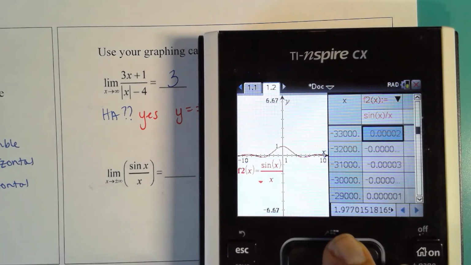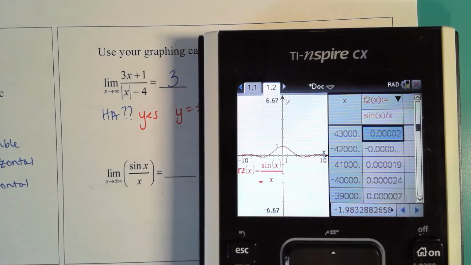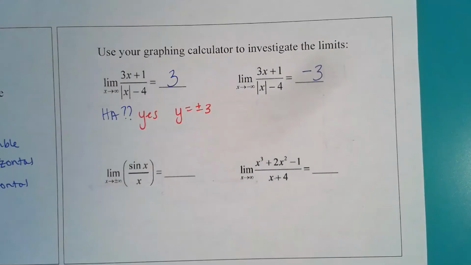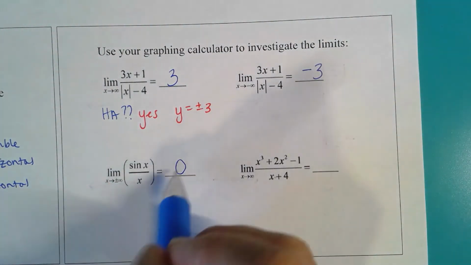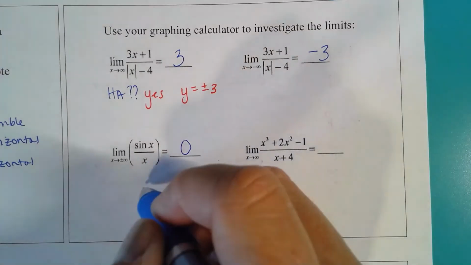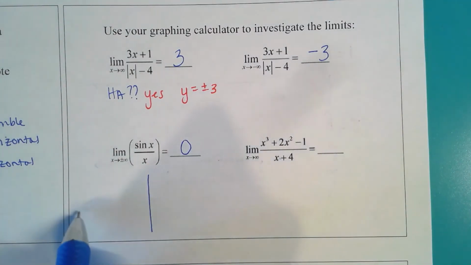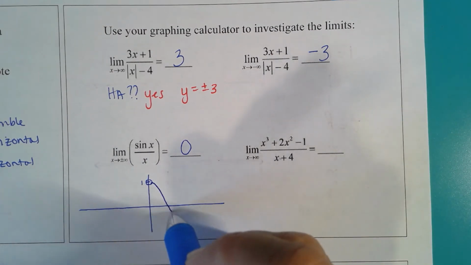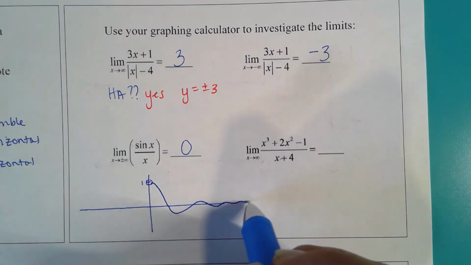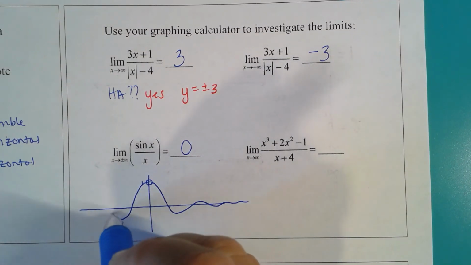Even though they're going back and forth between positive and negative, they're all still really, really tiny. And we're going to review this graph here, but no matter which side I'm going to, those y values were getting really close. Remember this graph from yesterday? This is the graph that had the hole up at 0, 1, and then we said it oscillates, but as it oscillates, it dampens.